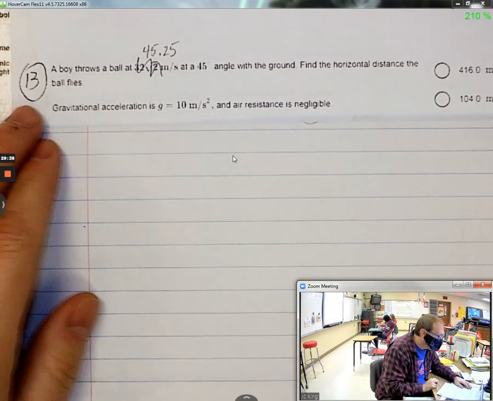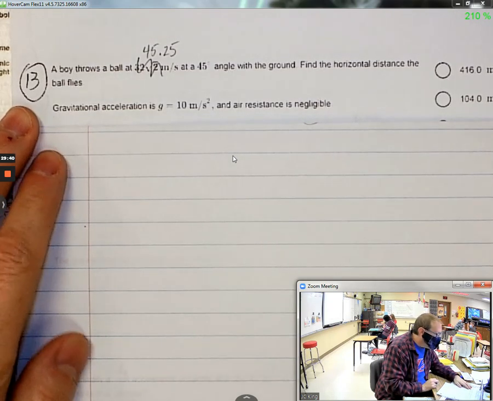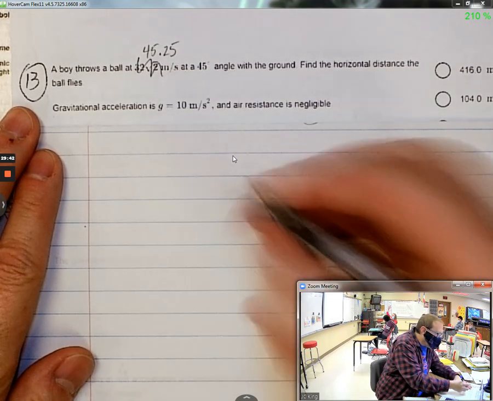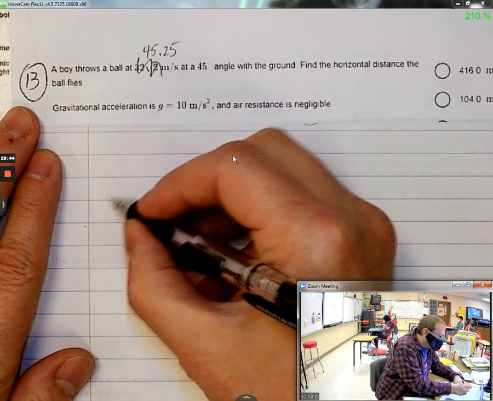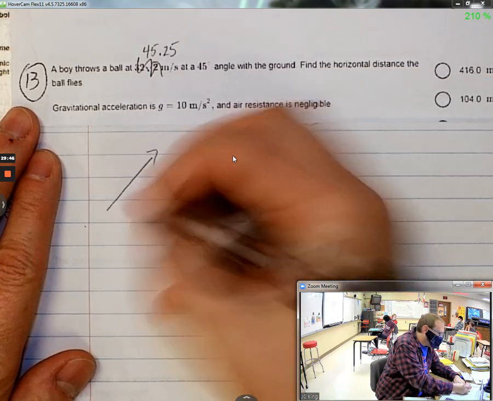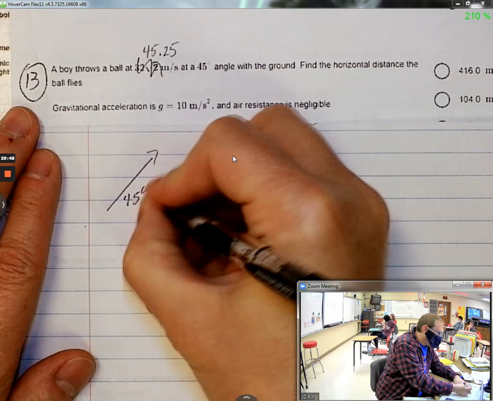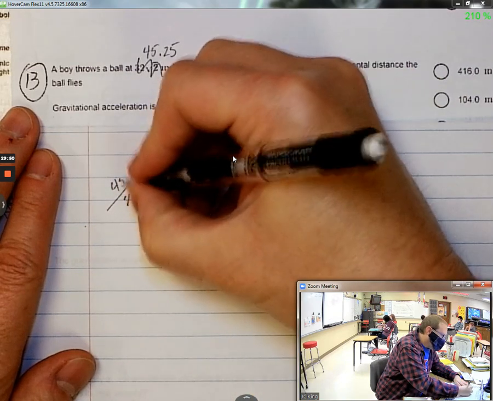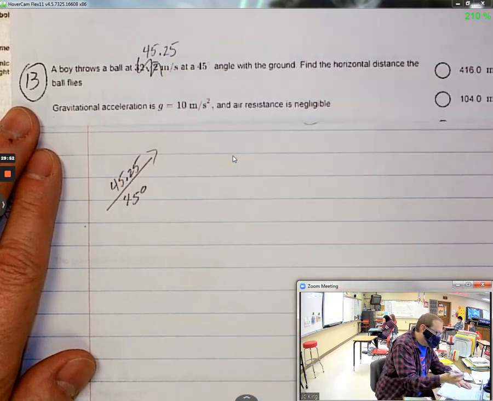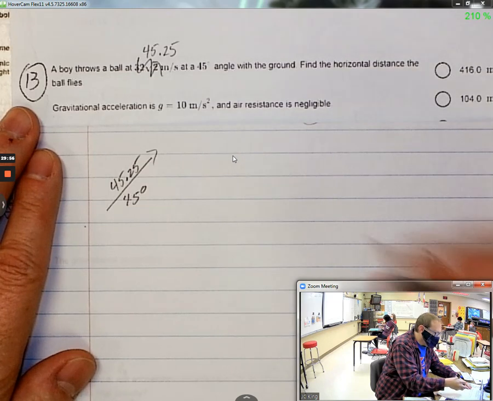We're beyond that. So he throws it at a 45-degree angle with the ground, at 45.25 meters per second. So we want to find the horizontal distance the ball flies.